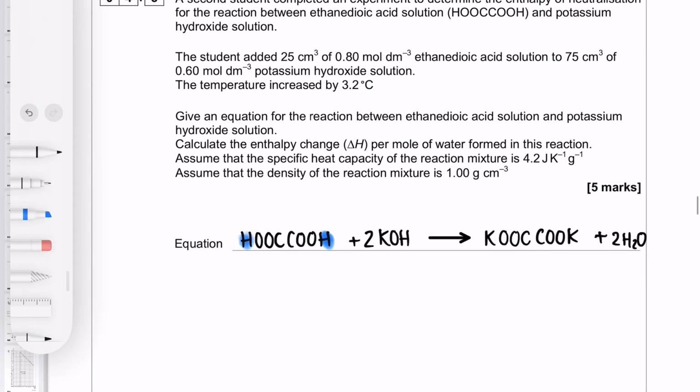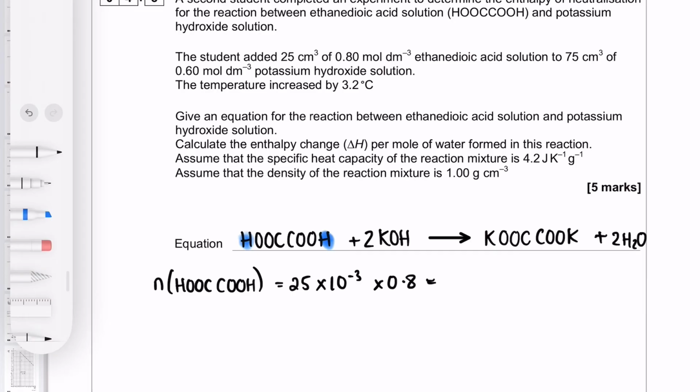The student adds 25 centimetres cubed of the ethane dioic acid. Let's work out how much that is. 25 centimetres cubed of 0.8 molar.